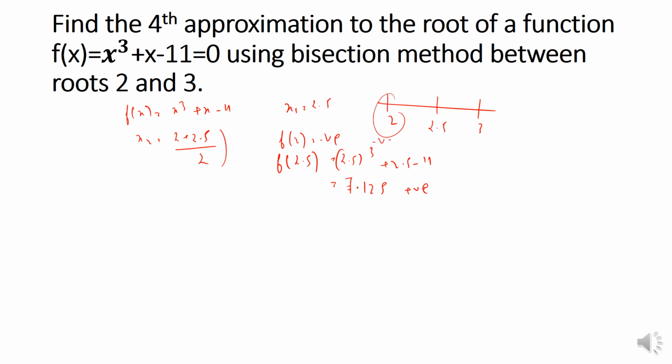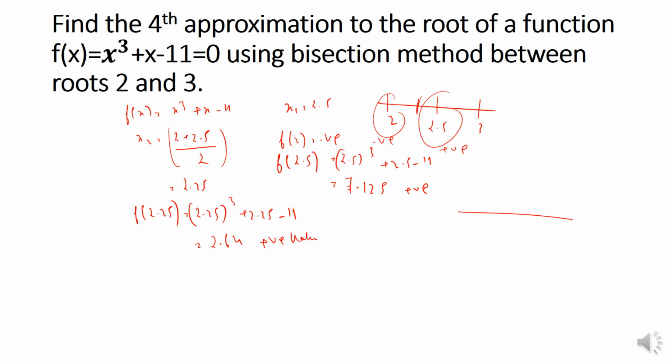So f of 2 is negative and f of 2.5 is positive. So our solution will lie in between these two. So x2 is 2 plus 2.5 by 2, that is 2.25. Now we have to find f of 2.25, that is 2.25 whole cube plus 2.25 minus 11. This comes down to 2.64. This is a positive value.